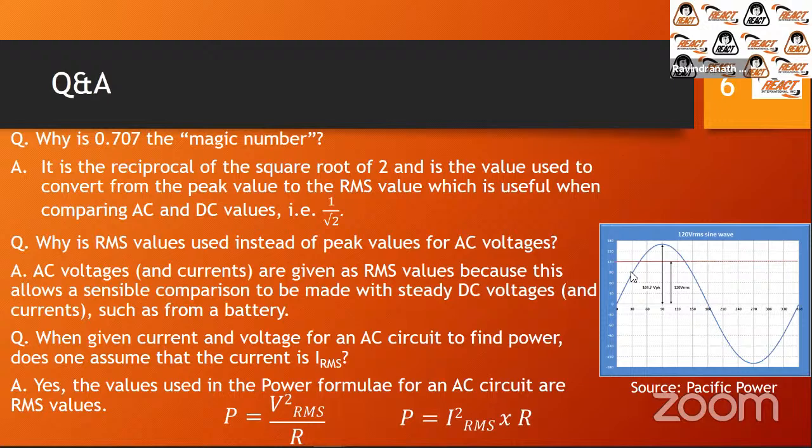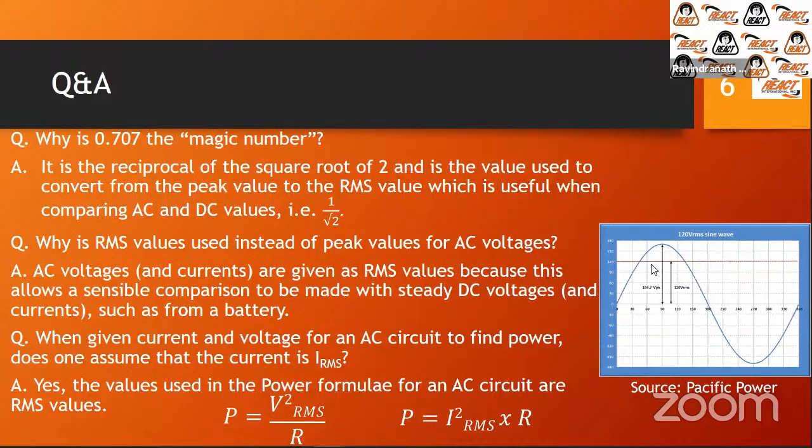But if we look at this graph on the right-hand side of the screen, we will notice that even though it's 120 volts RMS, you'll see this is the RMS line here, the peak is much higher. It's actually closer to 170 volts. So the peak here is about 170 volts, but you don't say that you have a 170 volt peak power supply coming from your power company. You say you have a 120 volt supply.